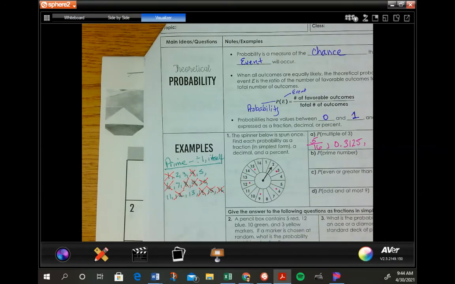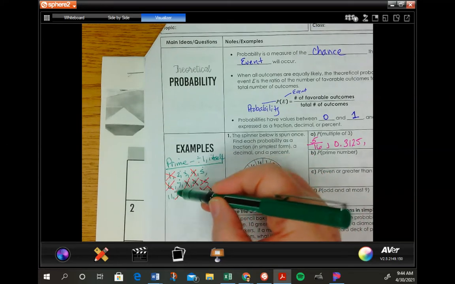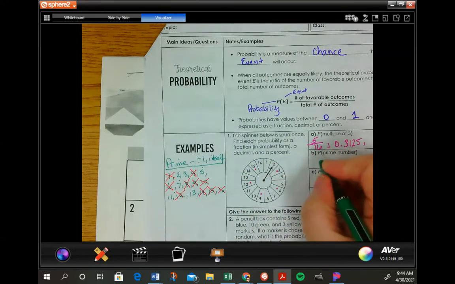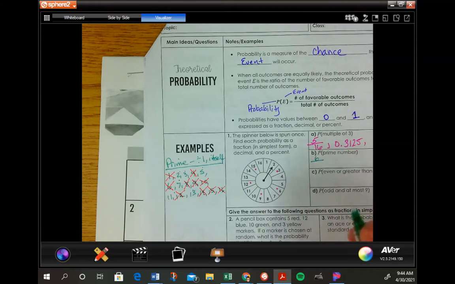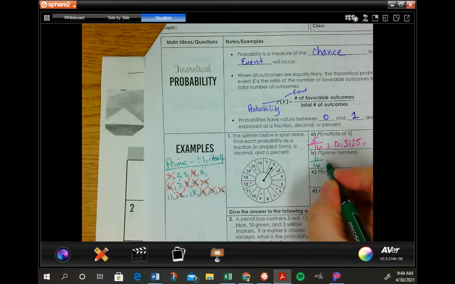So now we have how many favorable outcomes? Let's count them. 1, 2, 3, 4, 5, 6. 6 out of a total of 16.